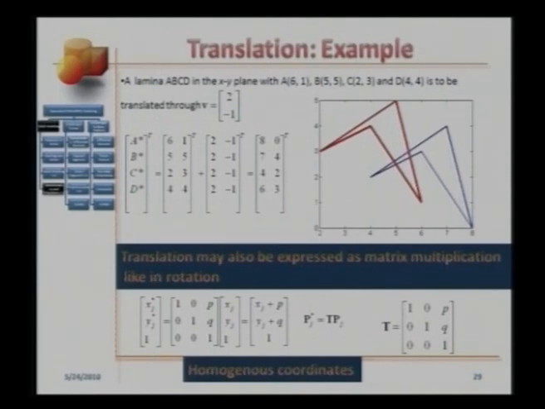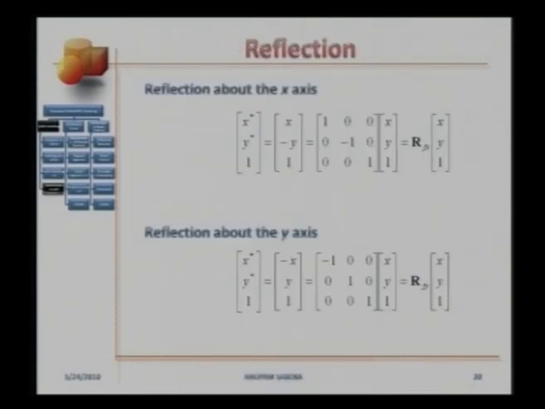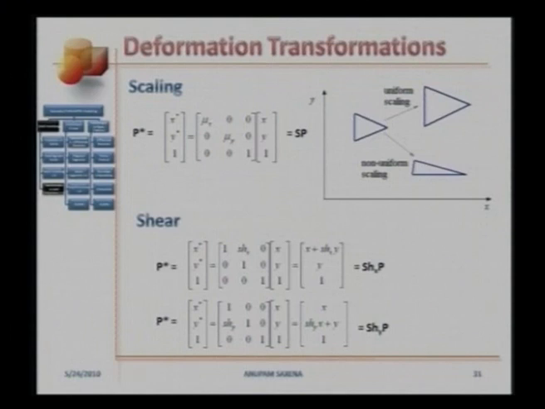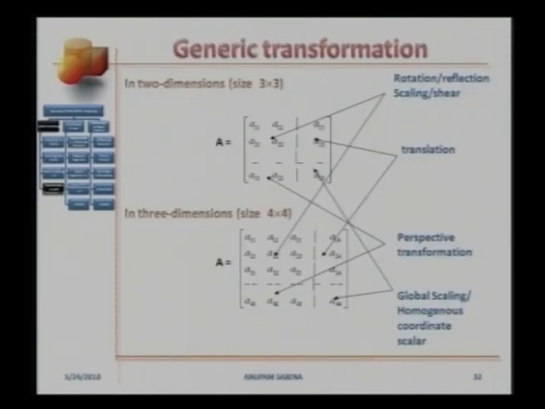It is here that we had introduced homogeneous coordinates to express translation operations as matrix multiplication operations. We talked about reflection and deformation transformations like scaling and shear, and we generalized transformation matrices in both 2 dimensions and 3 dimensions.